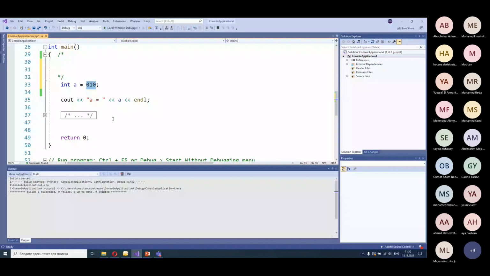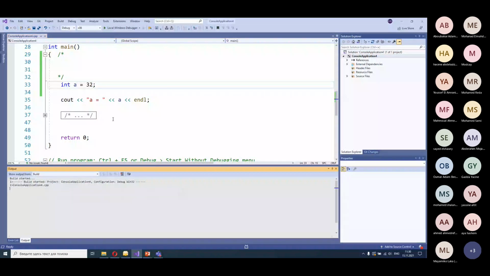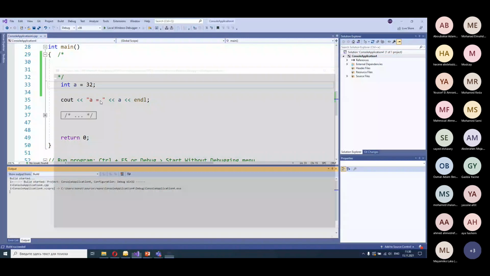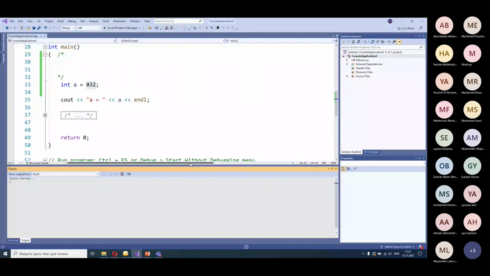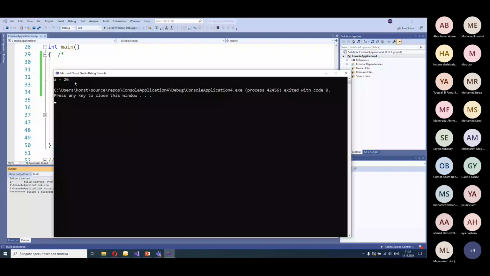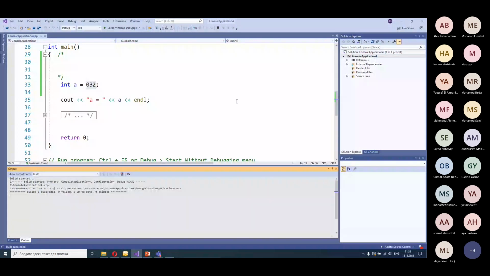When you write the number without it, of course, this number will be treated as a decimal number, and you see on the screen 2. But if you add the prefix, this number is treated as an octal number, and you see on the screen 26, in the octal number system.